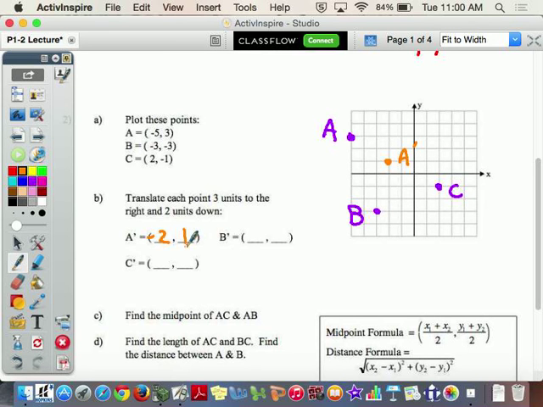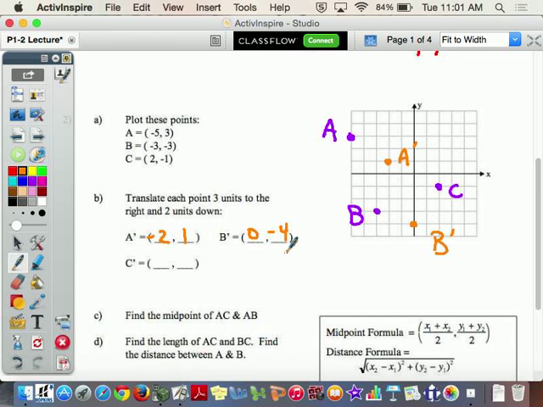Not being infallible, of course, if I make a mistake, please just let me know. Sometimes reading and writing vertically is a little more challenging than horizontally. B image is 3 to the right and 2 down. And so 3 to the right and 2 down for B image puts me at 0, negative 4, looks like.